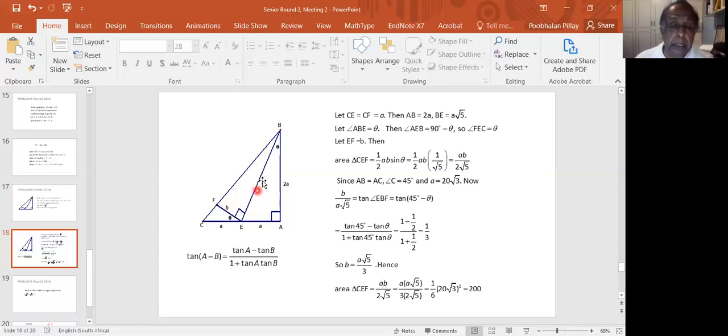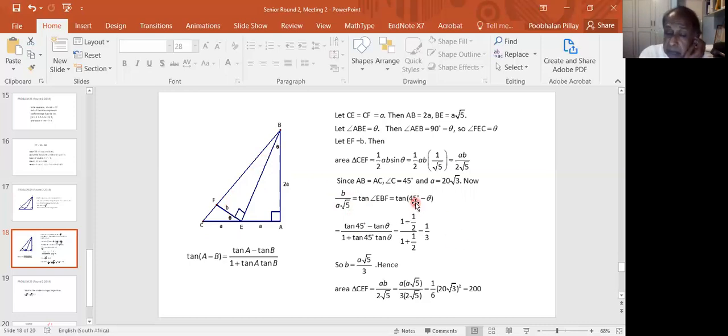From this viewpoint, B is opposite over adjacent. So tan of this angle is B over a root 5. So I've got another equation now: B over a root 5 is equal to tan of 45 minus theta.